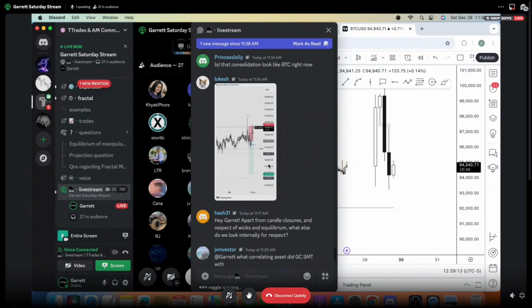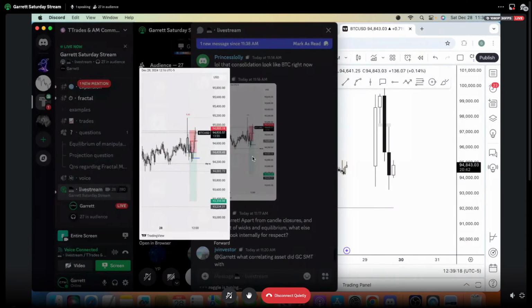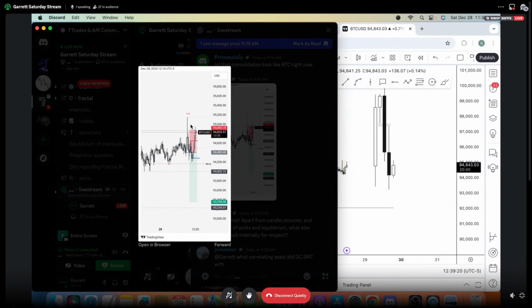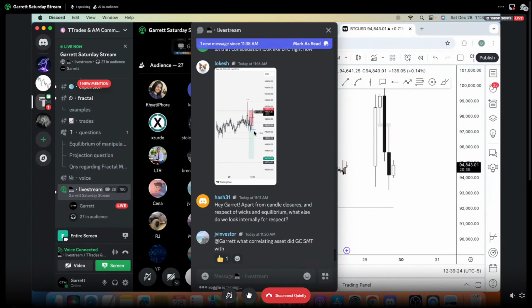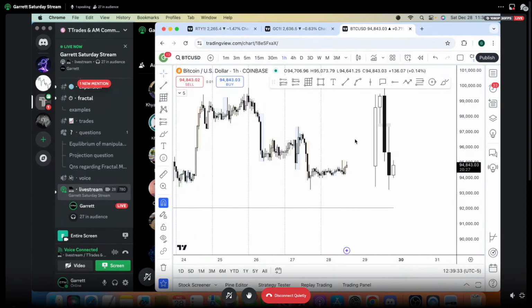Oh, this is your trade on Bitcoin. So first of all, I wouldn't use 9:30. That's irrelevant for anything other than indices. 9:30 is absolutely relevant for indices, but for gold, irrelevant. Silver, irrelevant. Bitcoin, irrelevant. I don't think that's a relevant time.